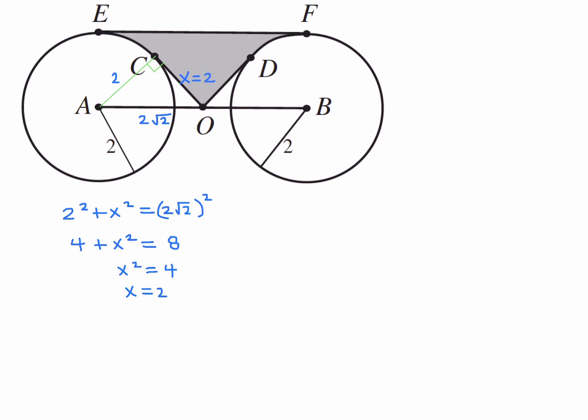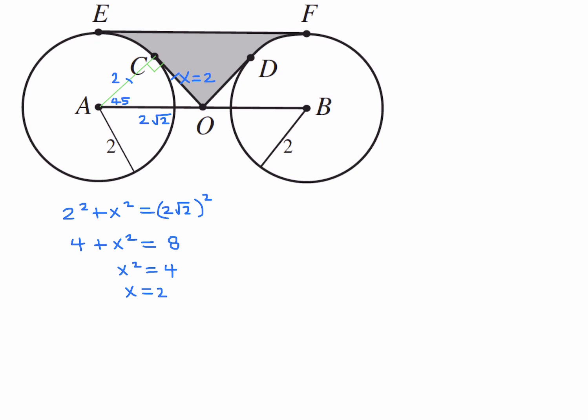So therefore, this is an isosceles triangle. That is 2, and that is 2. And if that is the case, then this angle is the same as that angle. Since this is 90 degrees, this must be therefore 45, and that is 45. So that is the first part of the question.